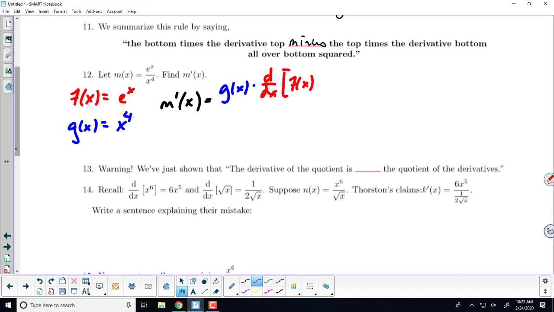We'll put f prime there. Minus the top function times the derivative of the bottom function. Careful, don't forget that derivative mark on the bottom function. All over the bottom function squared.